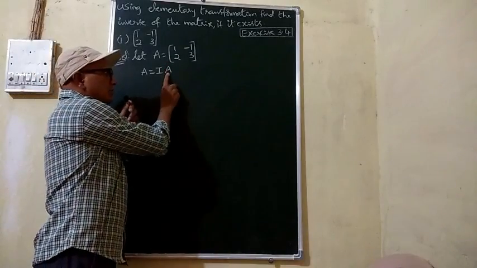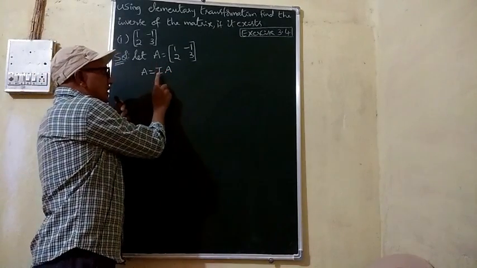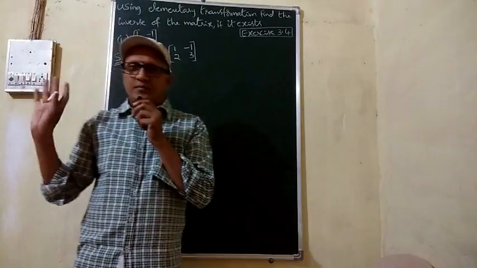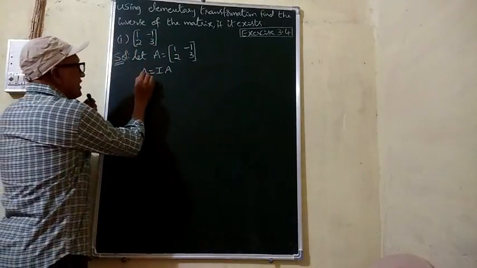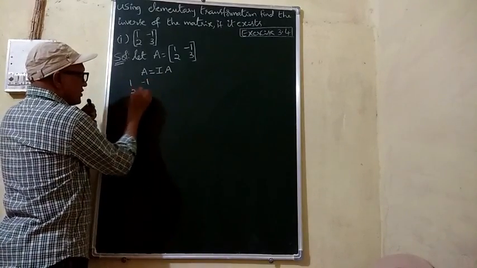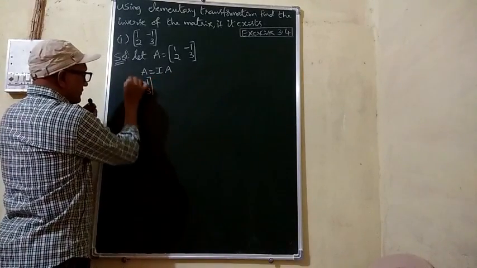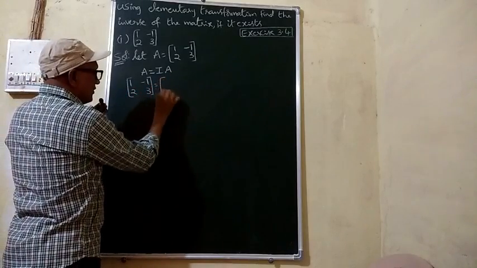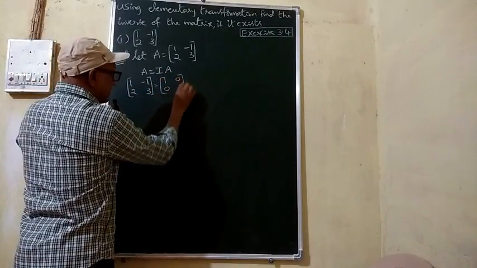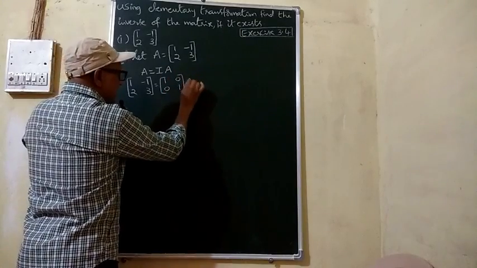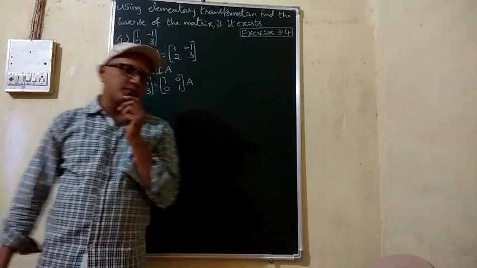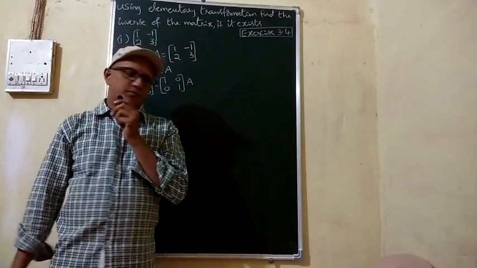Here, what is capital A? 1, minus 1, 2, 3. So I, which is 1, 0, 0, 1, times A, keep A as it is. This is the first step.